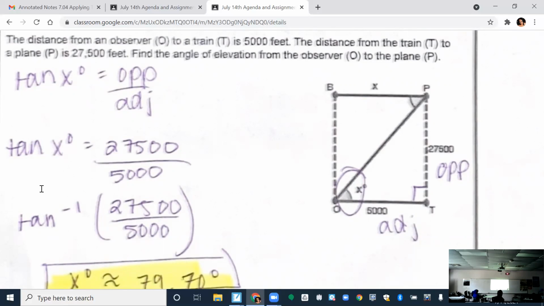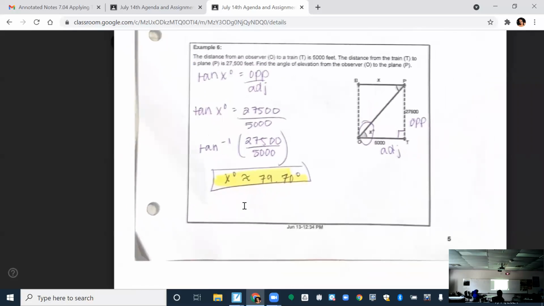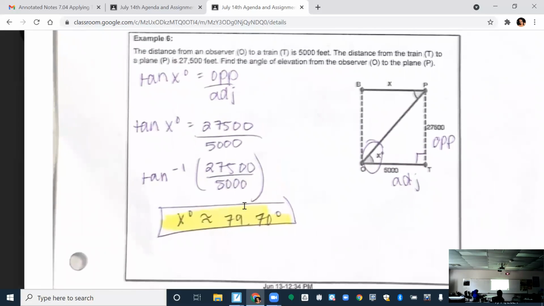So the opposite of tangent, which is tangent to the -1. That's how you get the x by itself when it's just tangent next to it. So then you have the tan to the -1, put that fraction in, opposite over adjacent. So that answer should have been about 79.70 degrees. Questions, comments on this one?